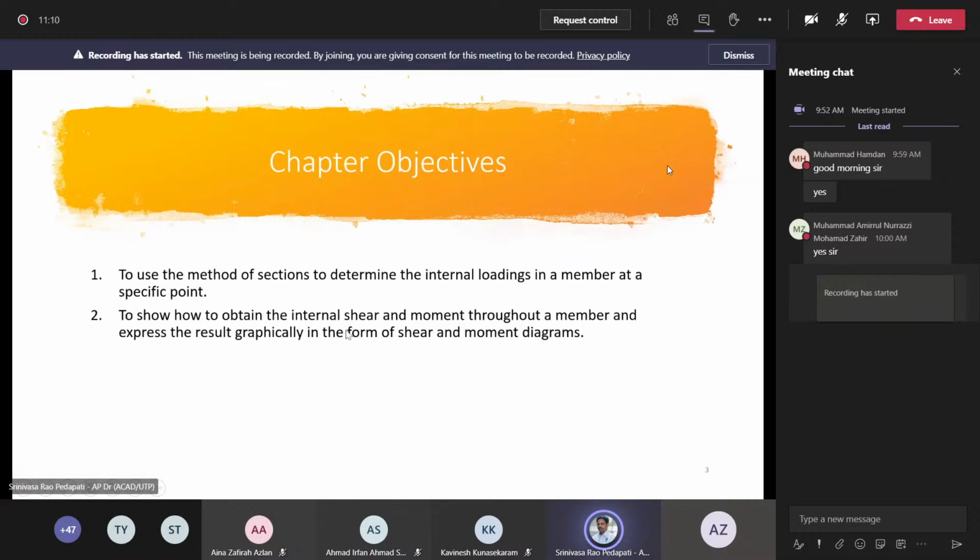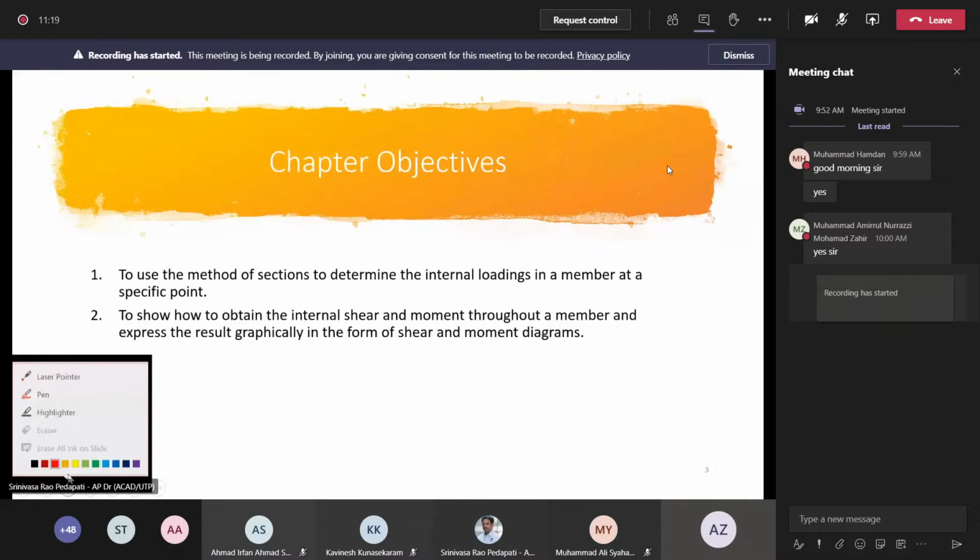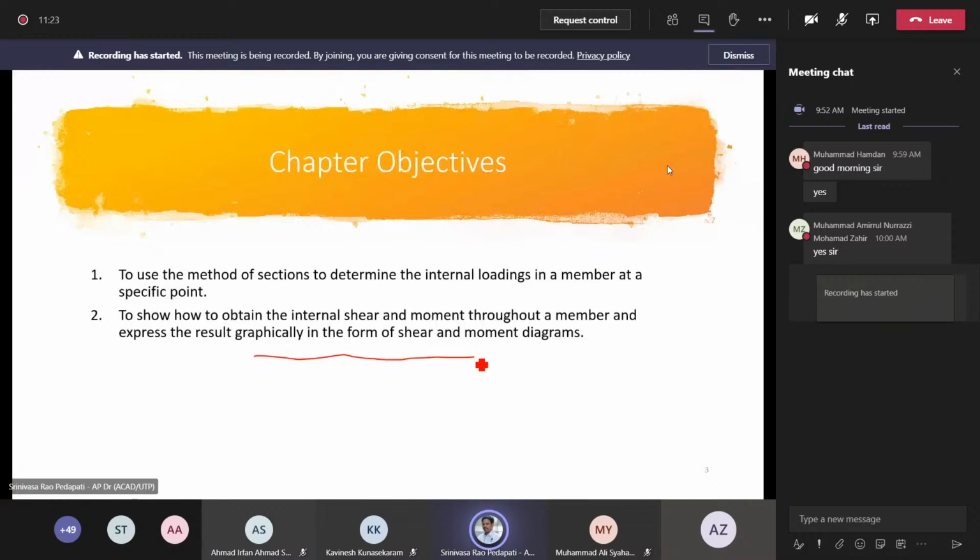Now we see how to obtain the internal moment, and how to represent shear and moment diagrams in a graphical form. We will try to achieve this objective by the end of this class.